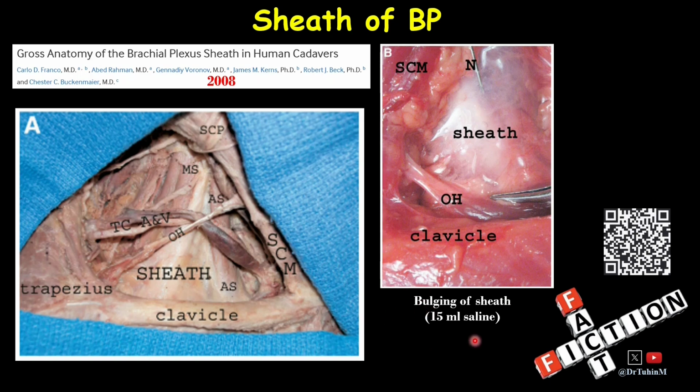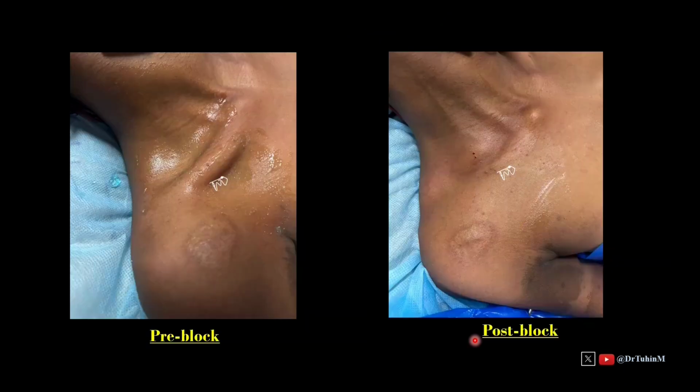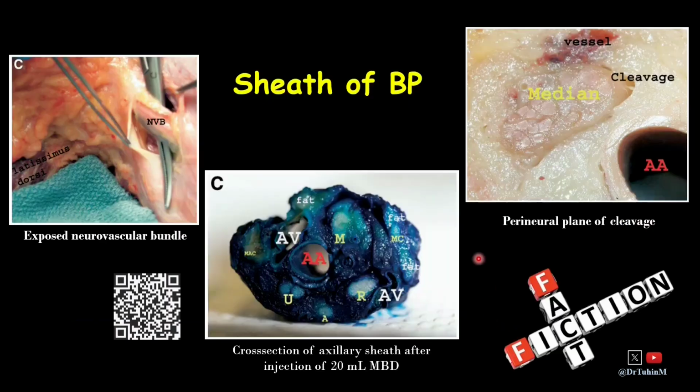These findings can correlate with the visible fullness observed over the supraclavicular fossa following a subclavian perivascular brachial plexus block. Traditionally, this was considered a clinical sign of correct drug deposition during landmark or neurostimulation-guided techniques. Here, you can observe the axillary sheath enclosing the neurovascular bundle in a fresh cadaver dissection.